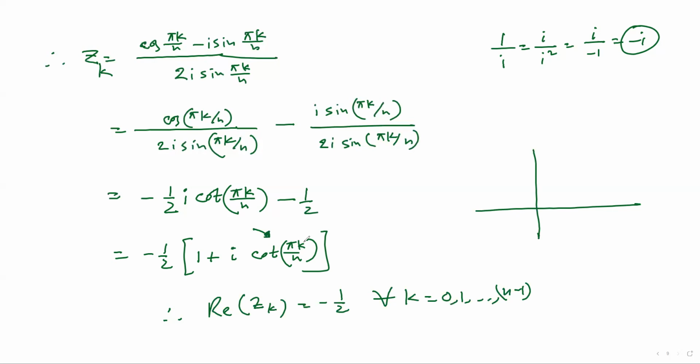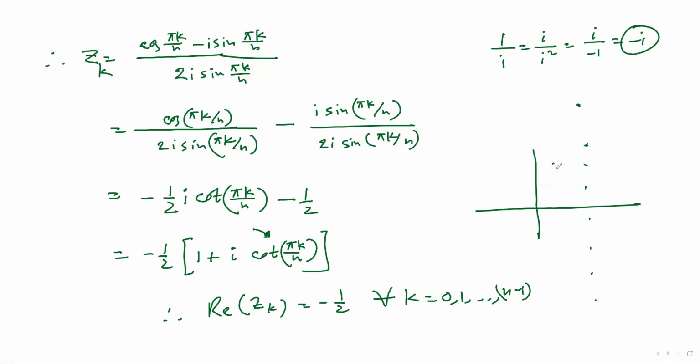For example, if you put k equals to 0, cot 0 is what? Cot 0 is undefined. So maybe, if you use the limiting sense, this is pretty close to somewhere around plus infinity or minus infinity, but that doesn't matter. For different varying k, you are going to get different zk's, but all of those are going to have real part equal to minus half.